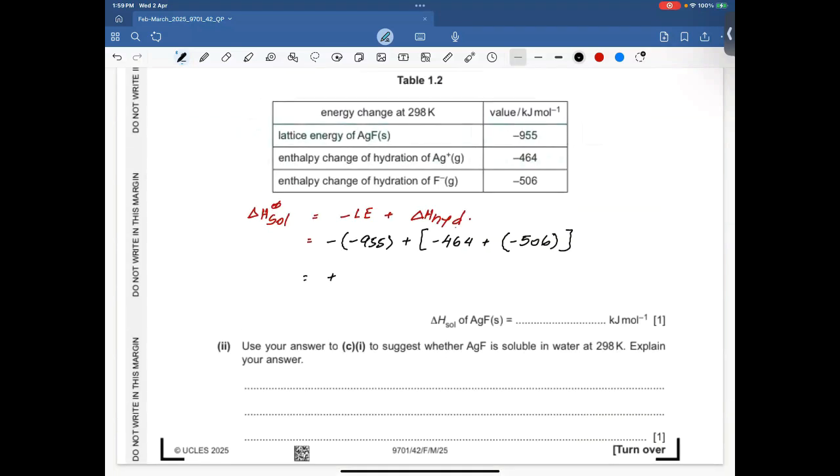So it's basically plus 955 plus minus 970, so plus 955 minus 970. So it's going to be minus 15 kilojoules per mole. All right.